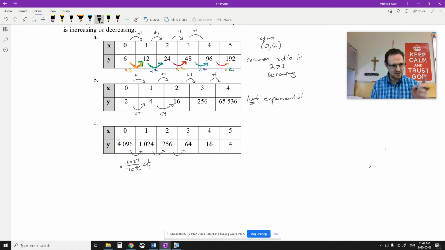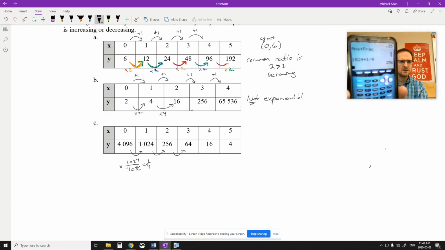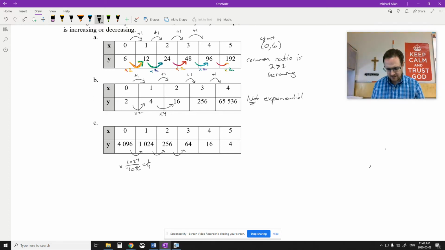So I just want to double check. If I take the 1024 and I times it by a quarter, I get 256. That's what I typed in my calculator. Then if I times it by a quarter again, I get 64. If I times it by a quarter again, I get 16.